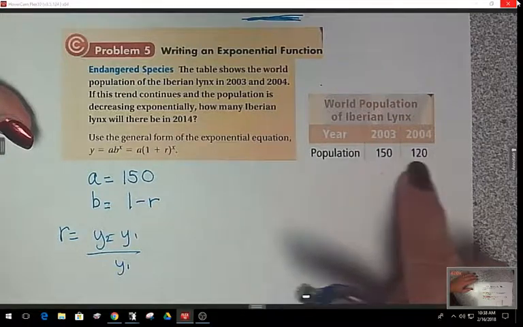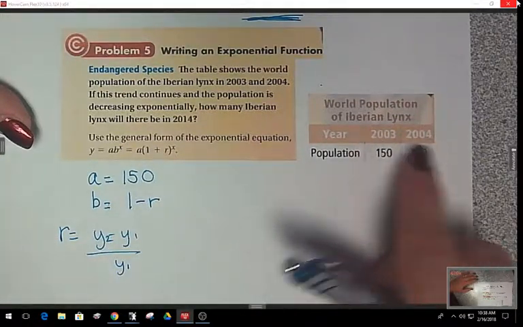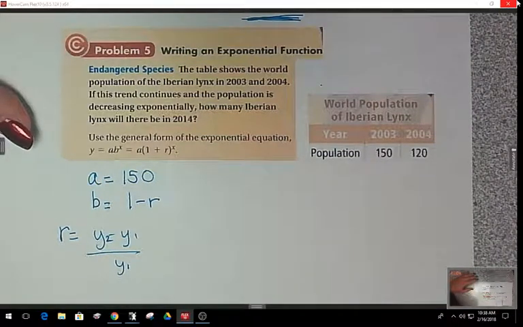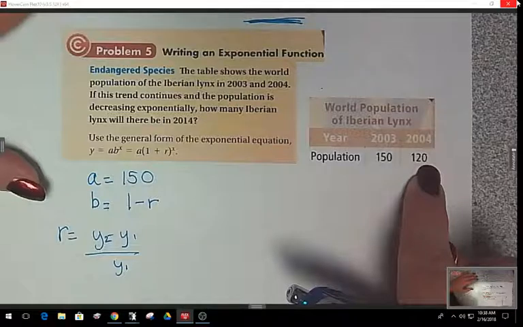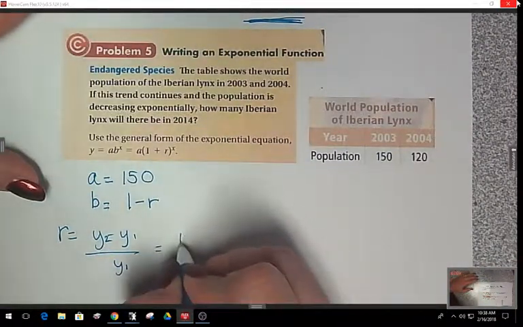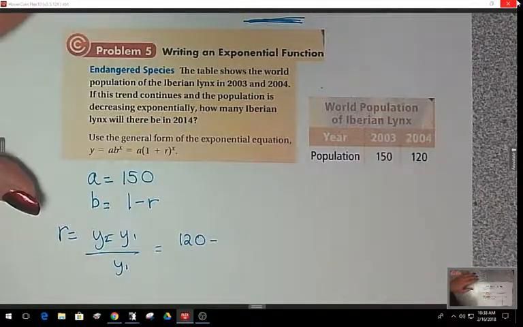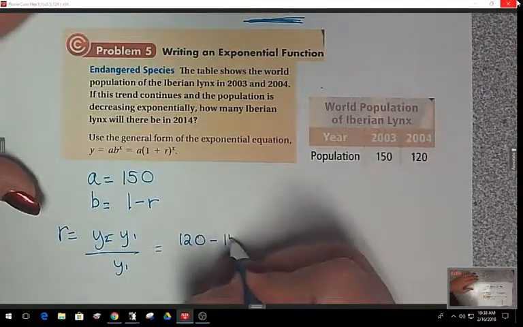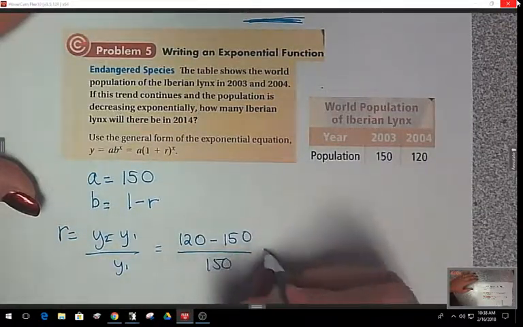So these amounts are your y values. The years are your x values. Okay? So my y values here. What is my second y value? 120. And what is my first y value? 150 over 150.